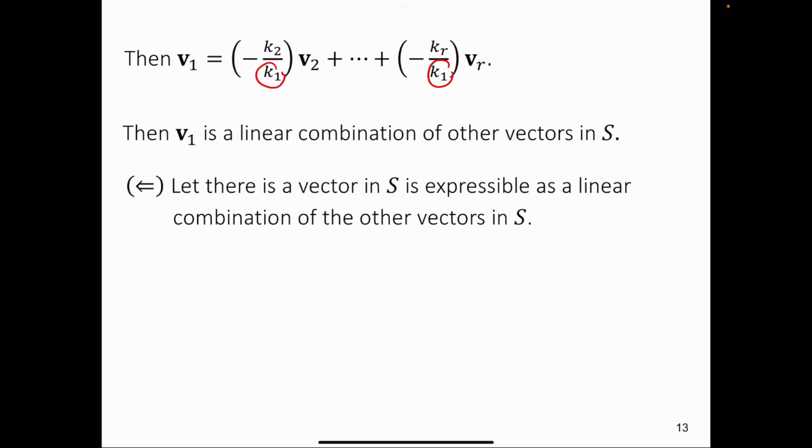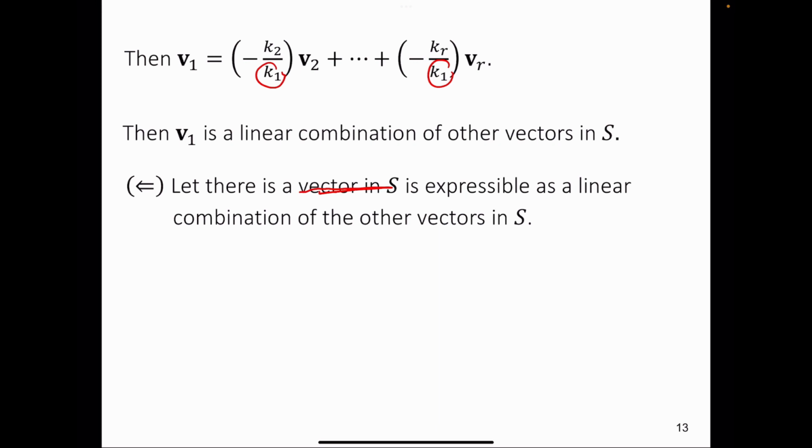In the other direction, we assume that there exists one vector in S which is expressible as a linear combination of the other vectors in S. Again, there are many cases, where the first case is that the vector we found here is v1.